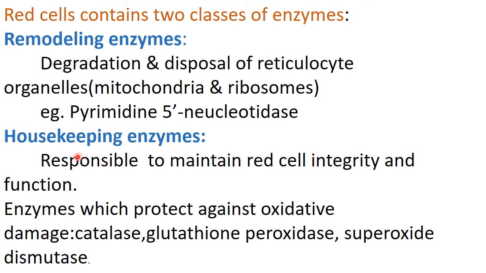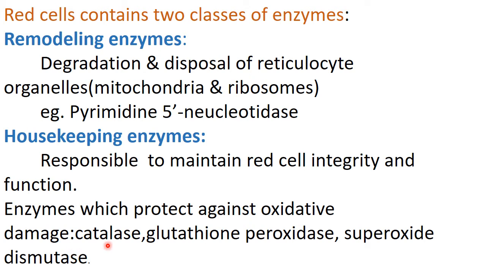The second class of enzyme is housekeeping enzymes. These are responsible for maintaining red cell integrity and function. These enzymes are more frequently responsible for hemolytic disorders when they undergo mutation. The normal red cell is equipped with several enzymes that protect against oxidative damage.